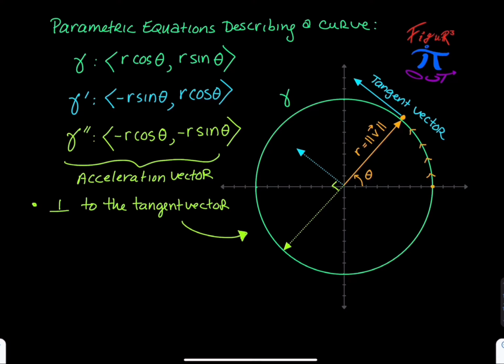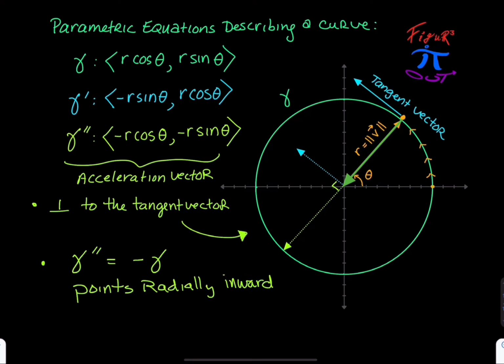So the acceleration vector is simply the negative of the radial vector. That means it points in the opposite direction of the radius. It points inward towards the center. The acceleration is pointing towards the center of the circle.